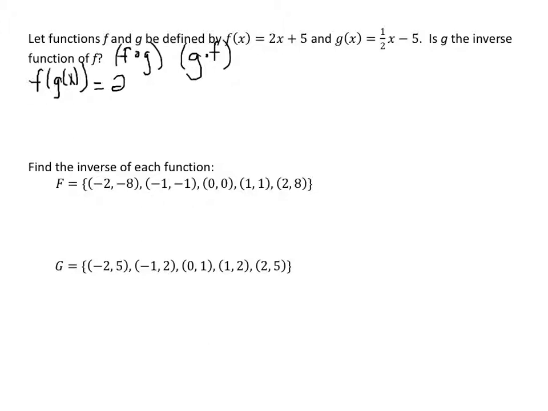So that gives me 2 times 1/2 x minus 5 plus 5. That's x minus 10 plus 5, and this is x minus 5. Now I have to do g of f of x.